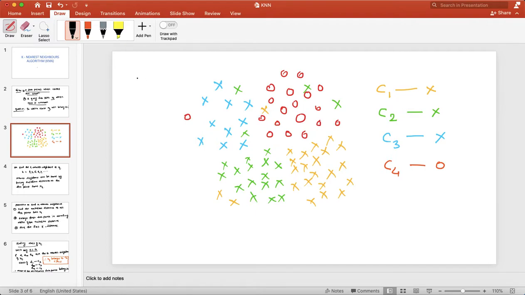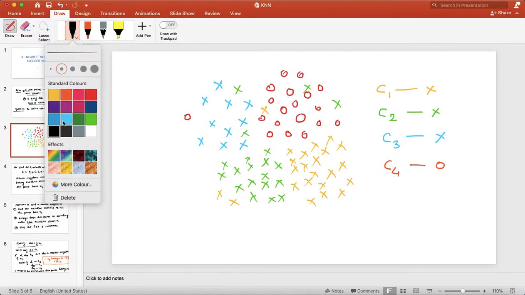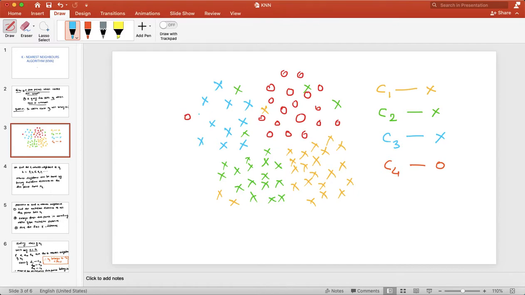Now let's say this is the data point XQ. The question is, to which of these 4 classes will this XQ belong? The class of this XQ is unknown, so we are asked to find it. That's the problem statement here.